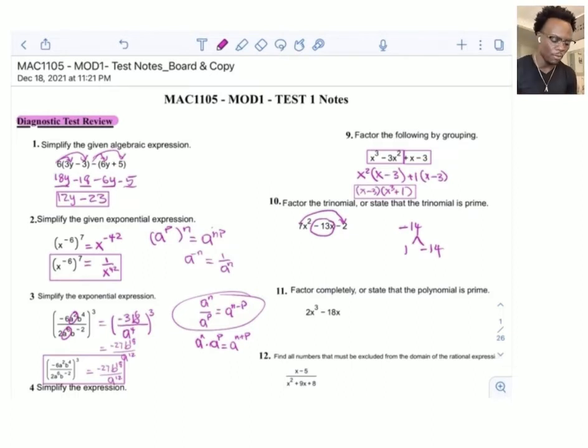That's when you know your factors are the right ones. Now, how do you use them to get the four terms? Since the sum of these factors gave you negative 13, I will replace the negative 13 in my problem by writing 1x minus 14x.